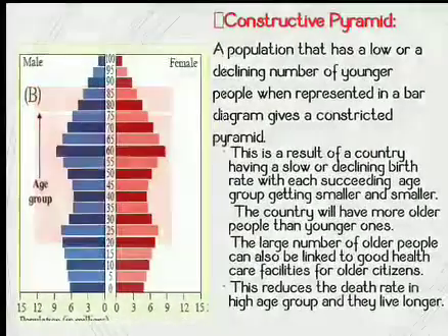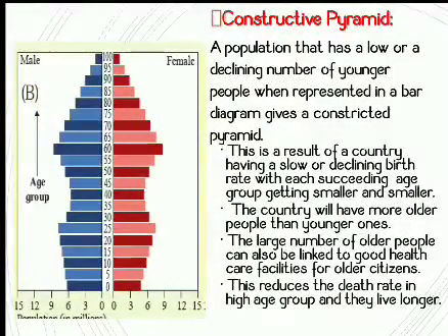With the help of this analysis, we can say a population that has a low or declining number of younger population, when represented in the bar diagram, gives a constructive pyramid. This is a result of a country having a slow or declining birth rate, with each succeeding age group getting smaller and smaller.